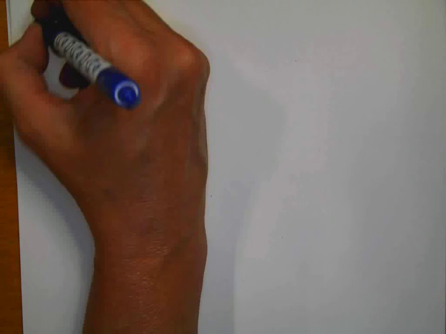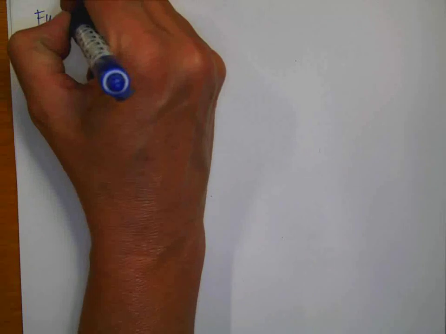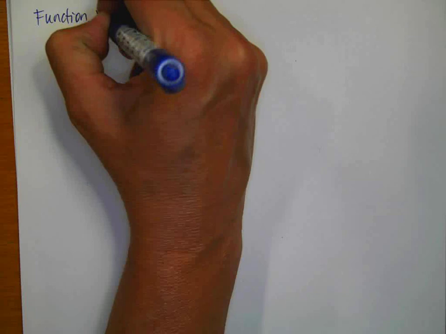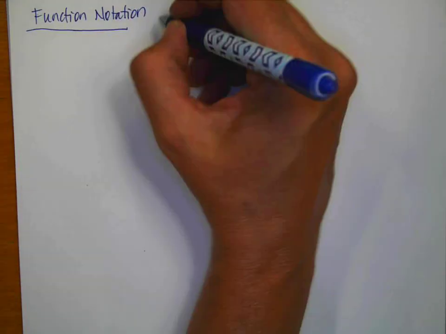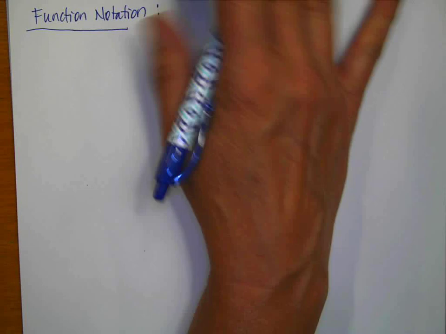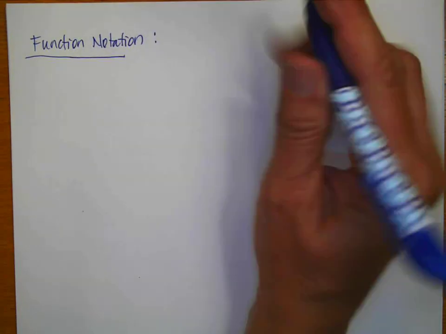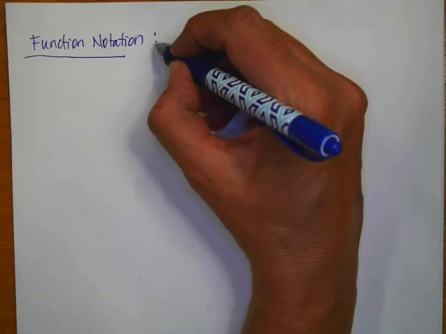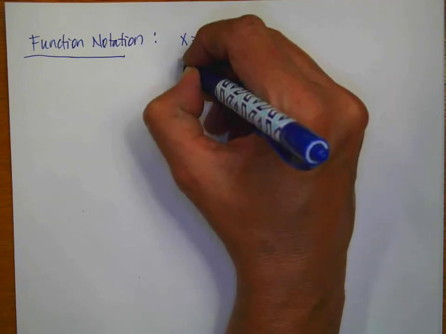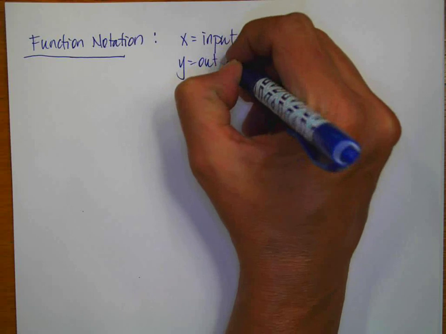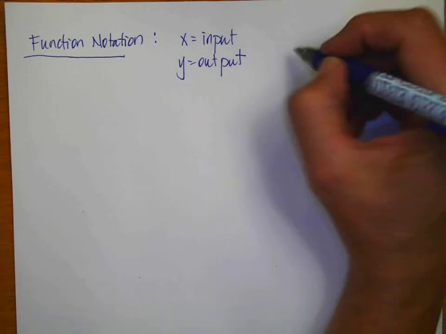All right, so the next thing we want to talk about is function notation. And again, at the beginning of the book, we have just a lot of little topics that we are kind of rushing through that are a review from Algebra 2. When we're talking about functions, x is the input and y is the output.